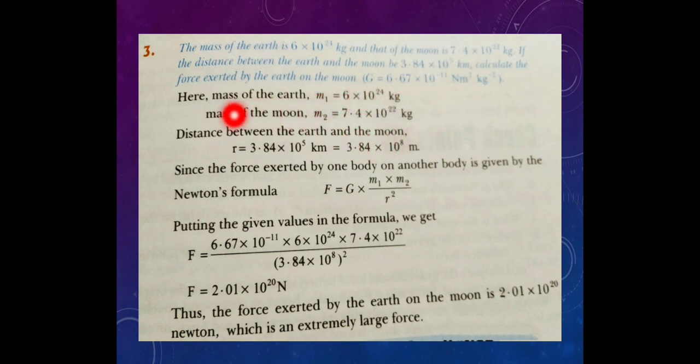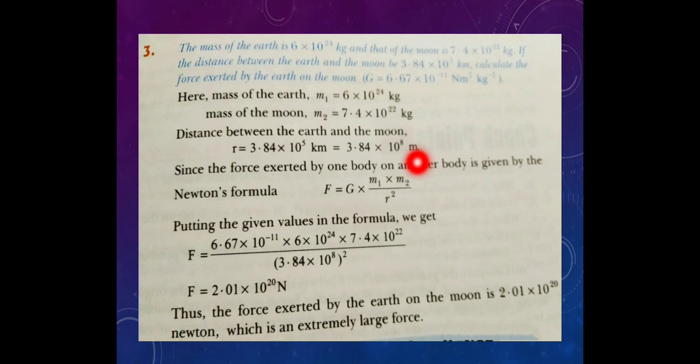Okay, so here first you will write down what is the mass of the earth, then you will mention mass of the moon, distance between them. So it is 10 raised to 5 only, then we have to change it to meter. Just see carefully students. Here it is kilometer and this is 10 raised to 5, and we will change it to meter.